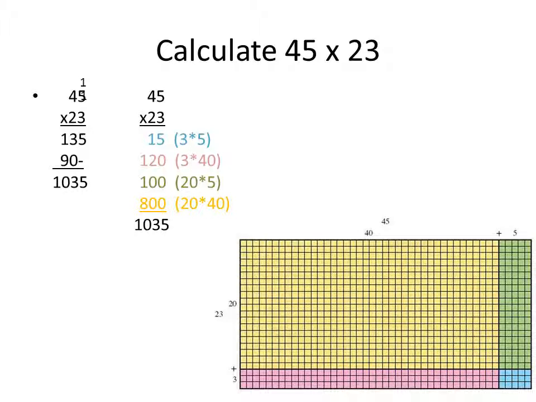The tens of 45 with the ones of 23 forms the pink region, the tens of the 23 with the ones from the 45 forms the green region, and then the ones value of each digit forms the blue region. This is a good visual for making it clear to students exactly what we're doing when we use an algorithm to do multiplication.